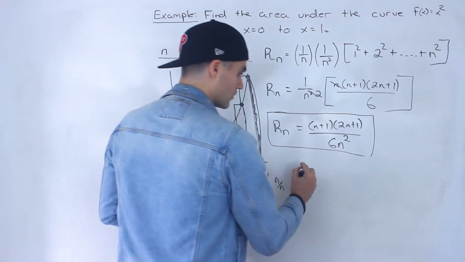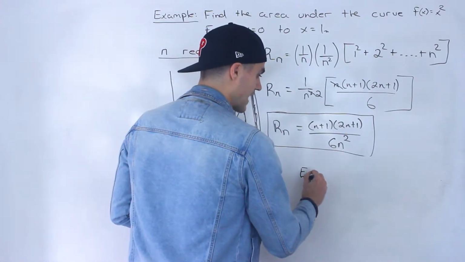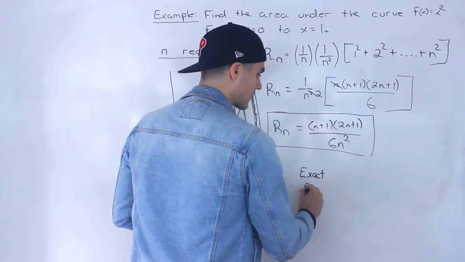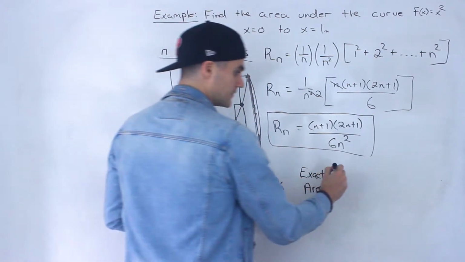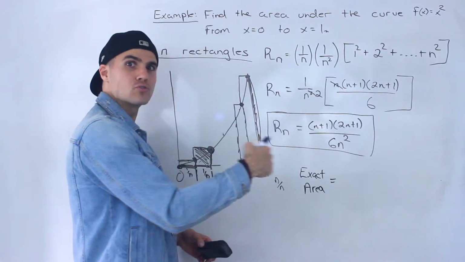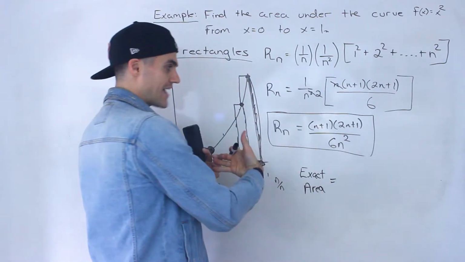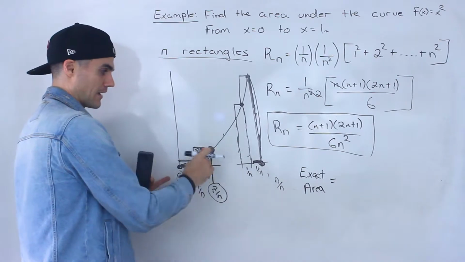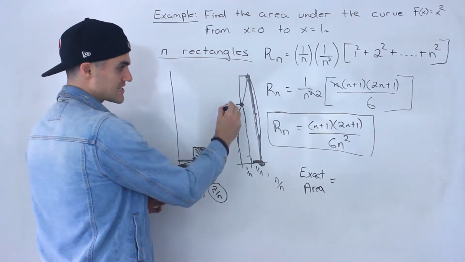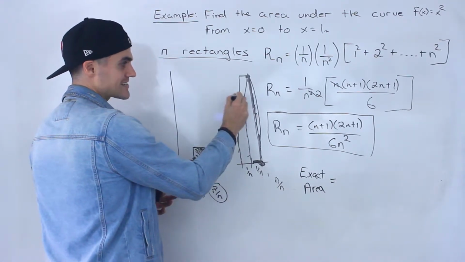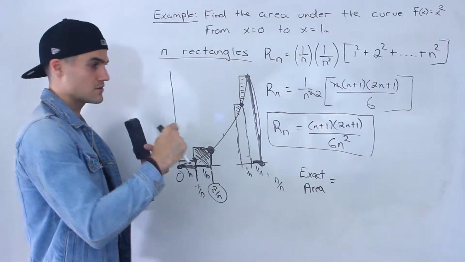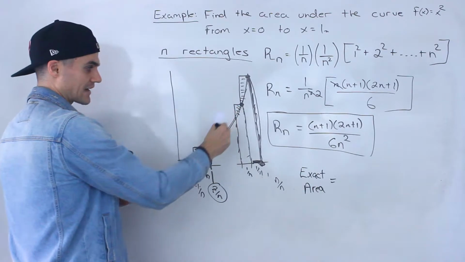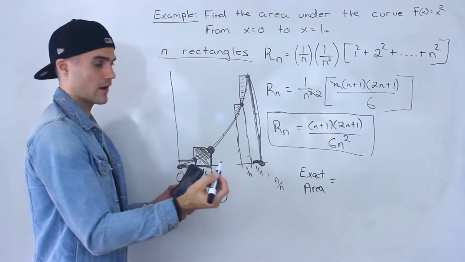And so the exact area is going to happen when this n approaches infinity. As we use an infinite amount of rectangles, these excess spaces that are here are going to be so minimal. Those are going to approach 0, and we're going to get an exact value for that actual area under the curve.